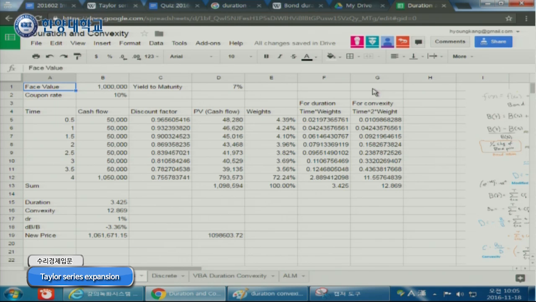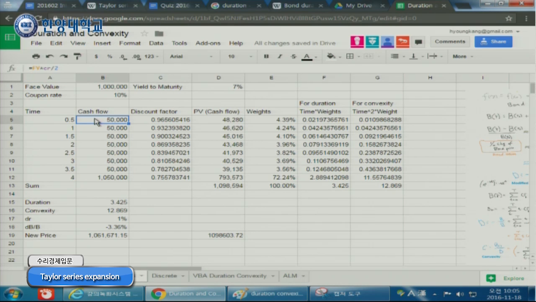It is something I borrowed or rented. Let's say yield to maturity is 7%, and coupon rate is 10%, which means that every year I have to pay around 10%. Let's say maturity is 4 years, and I have to pay back coupon every 6 months.